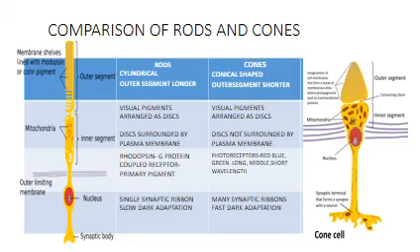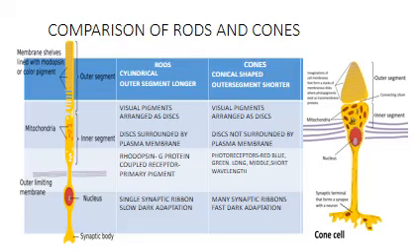In the rods, rhodopsin is a G protein coupled receptor and it's the primary pigment. In the case of cones, the photoreceptors may be red, blue, green, sensitive to long, middle or short wavelength of light.